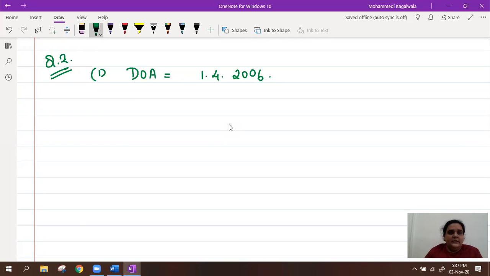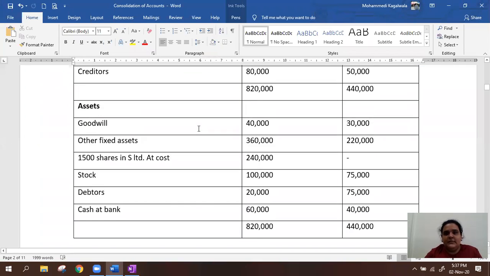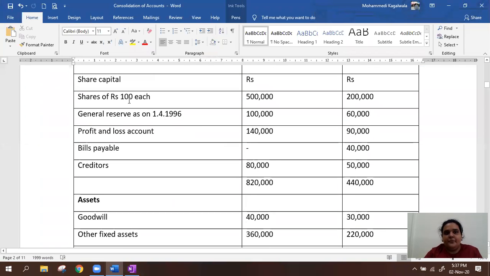Second, how many shares does the subsidiary company have? S Limited has 2 lakh rupees of shares of rupees 100 each.